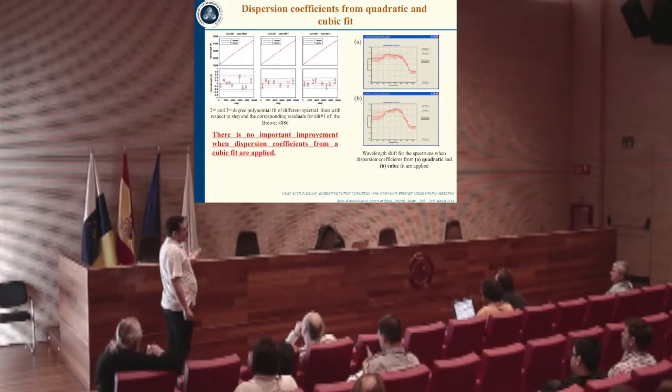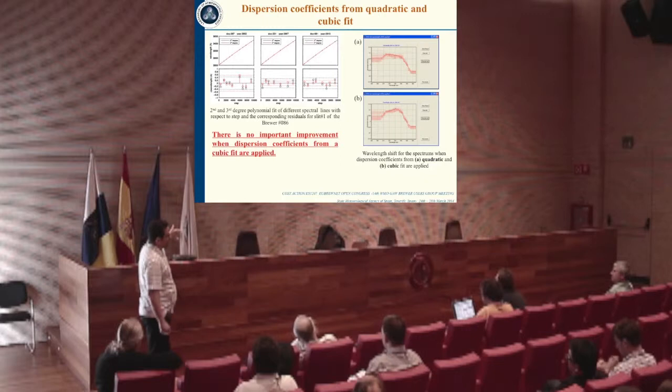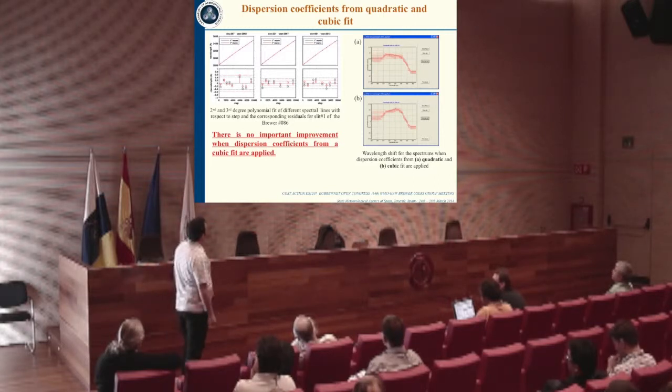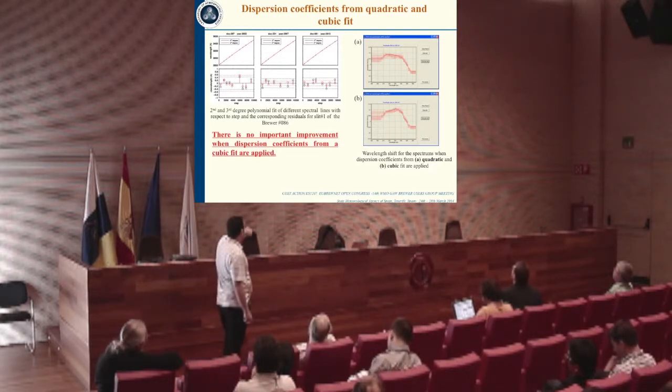So we expected to see similar results in our spectra when they would be applied. So we expected lower wavelength shift values when the third order polynomials would be applied. But as you can see, these are some representative spectra.